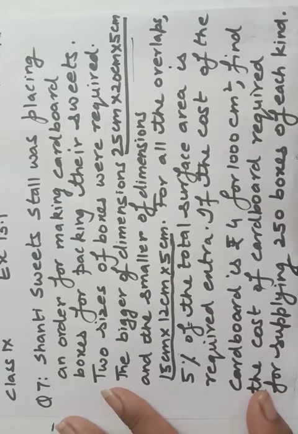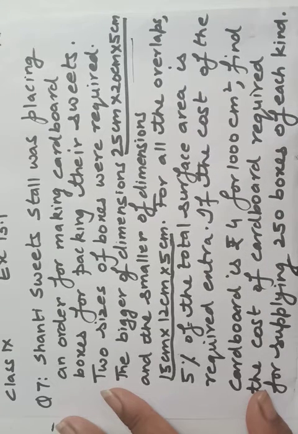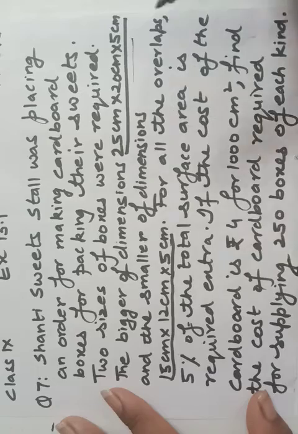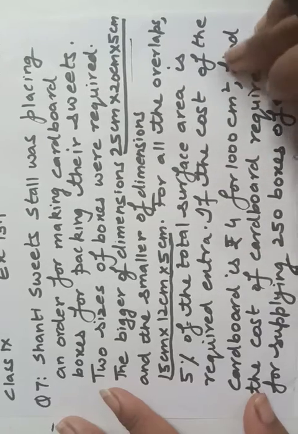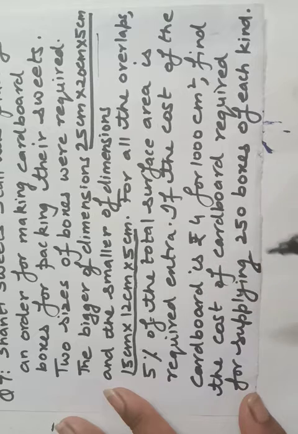I think the second option is quite easy, since we need not calculate the 5% twice, separately for the bigger one and the smaller one. So for the overlaps, 5% of the total surface area is required extra.